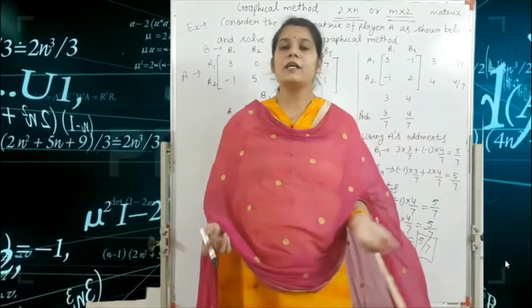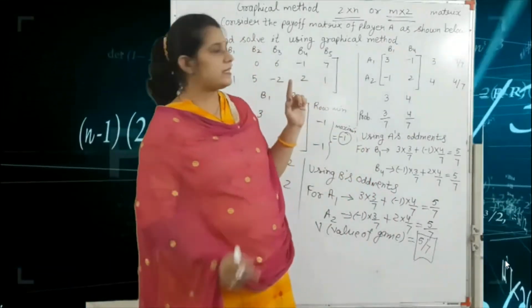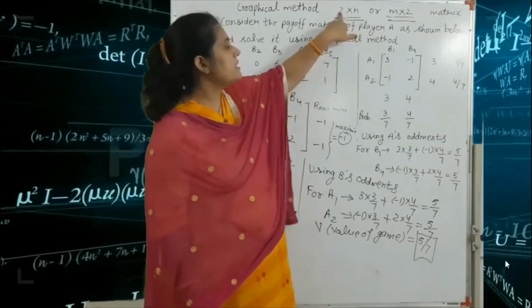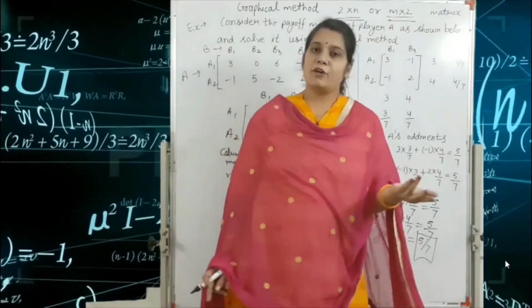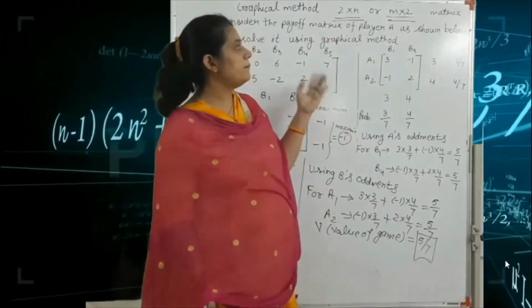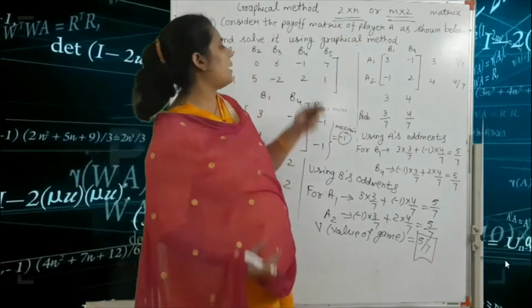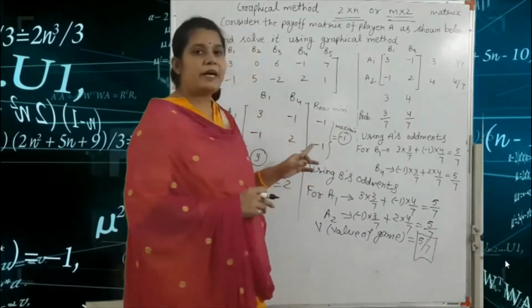According to the graphical method, the one condition is that either the number of rows is 2 or the number of columns is 2. That means a 2 by n matrix or an m by 2 matrix, then we apply the graphical method. That means we convert it into the 2 by 2 matrix.